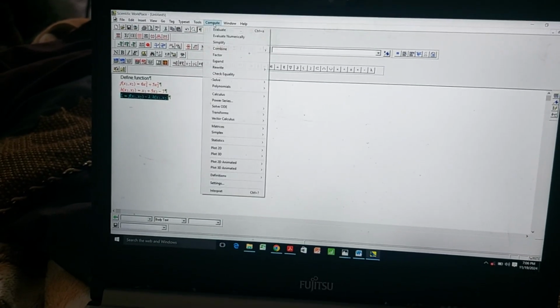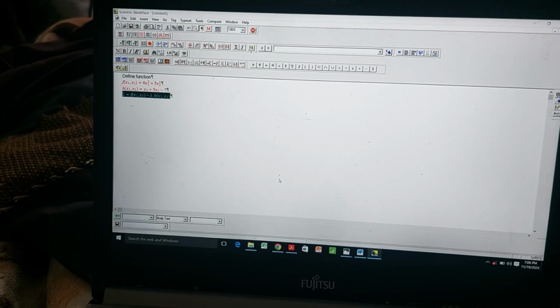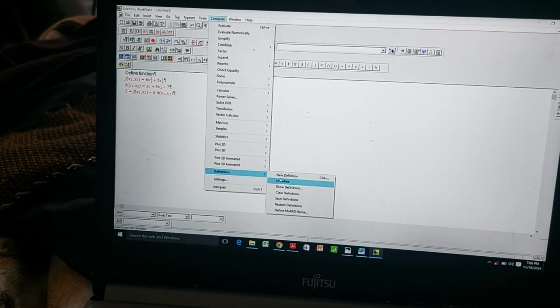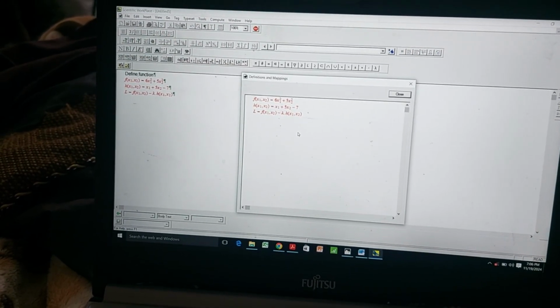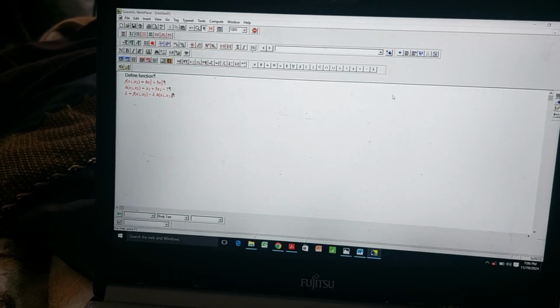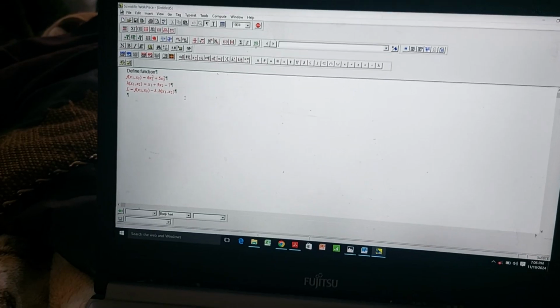So let's go to Compute, Definitions, and New Definition. Now this is also defined. Let us confirm it from the definitions. Show Definitions. Now we know that it is already defined. So press Close and press enter to come to the next line.